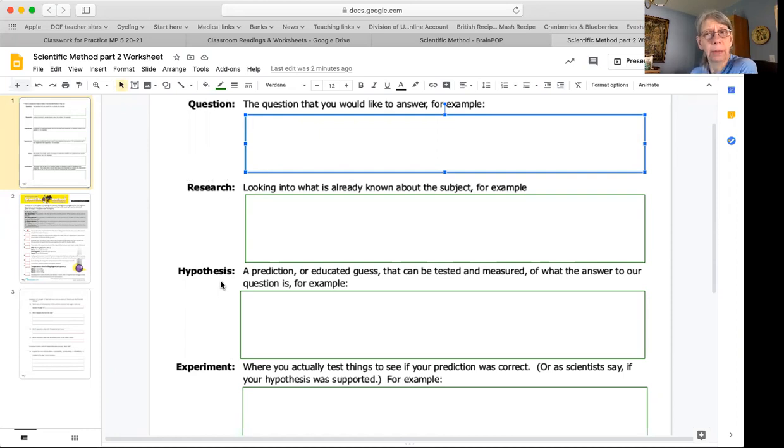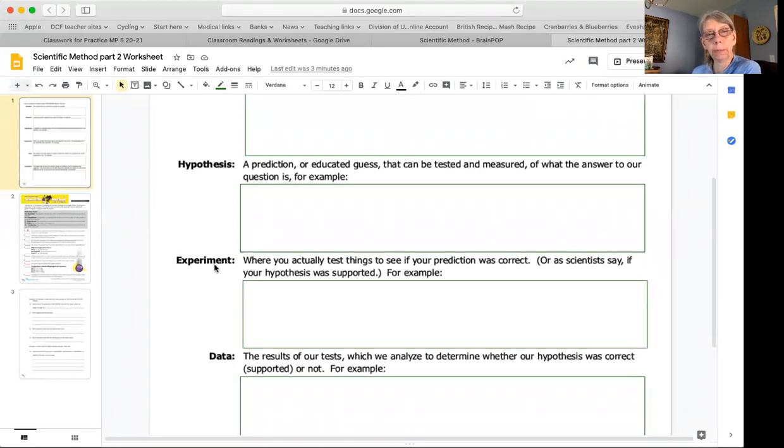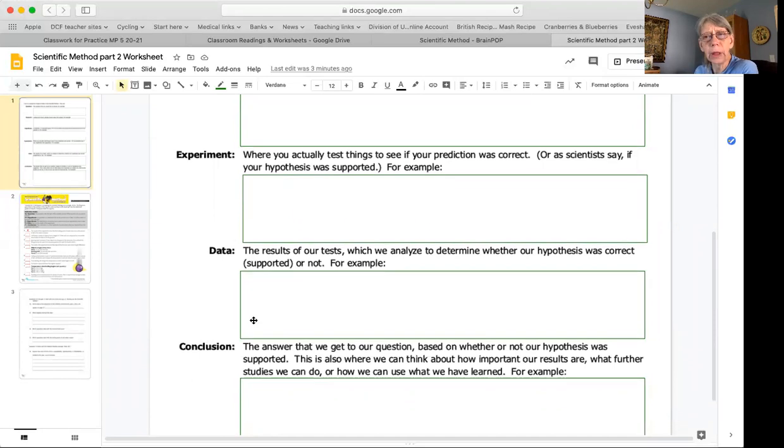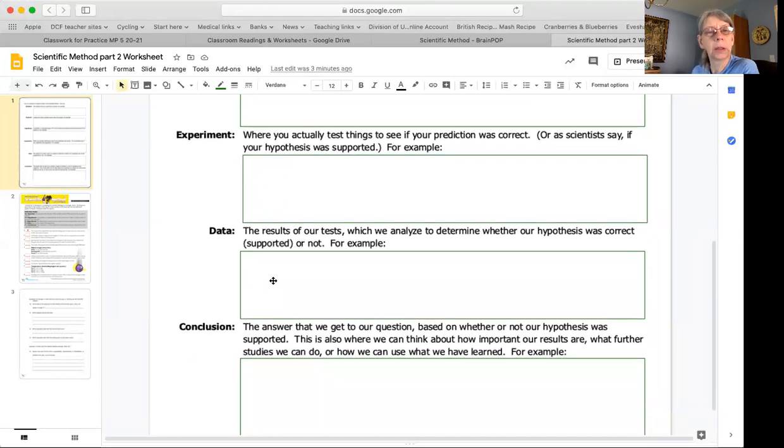So you can form a hypothesis, your prediction or educated guess that you can test and measure to try to see if you've come up with a possible answer to your question. The experiment where you do the testing, the data that you get as a result of the testing that you can look at and compare, and the conclusion that you draw based on the data.